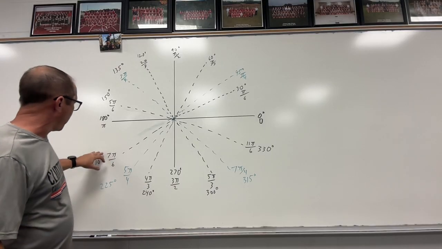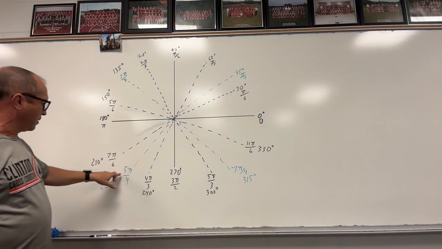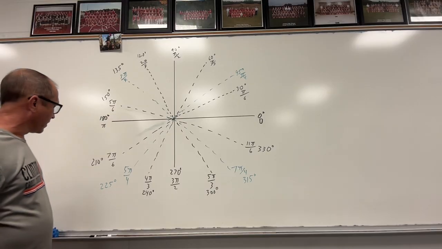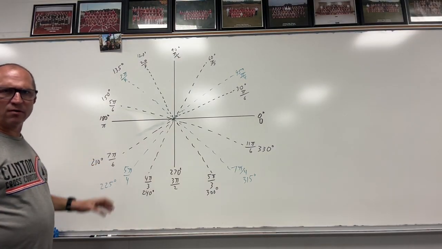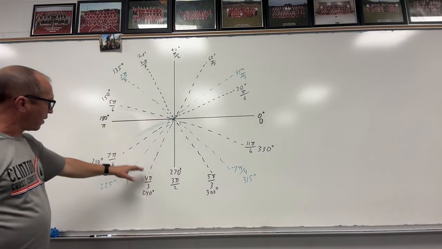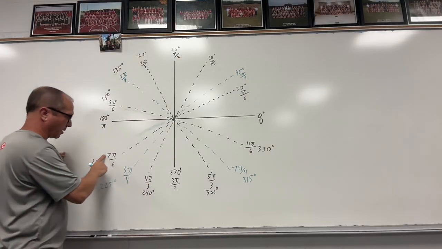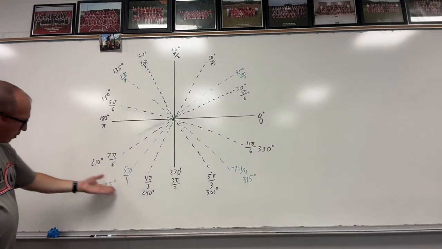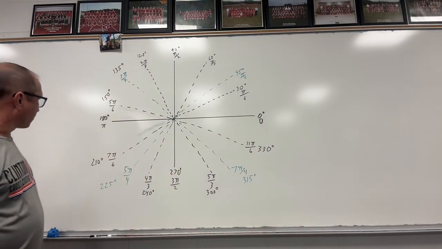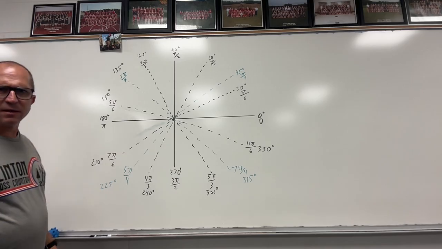And I think that you could probably see the relationship with the numerator and the denominator here. And that is, again, that the numerator is 1 greater than the denominator. So in the third quadrant, your numerator is going to be 1 greater than your denominator. Now again, that works for the special angles. It would not work for 190 degrees.